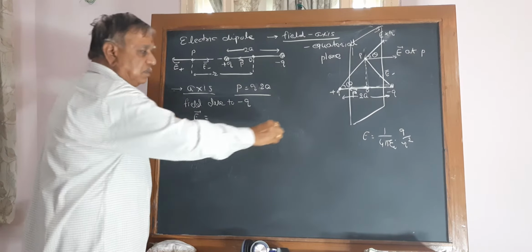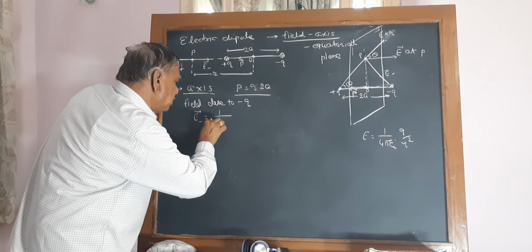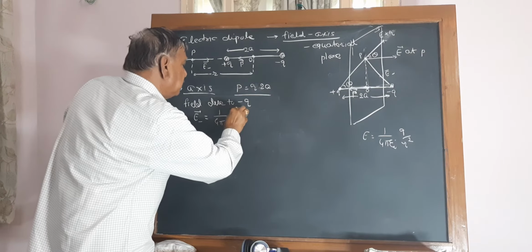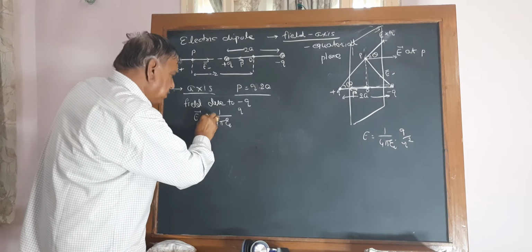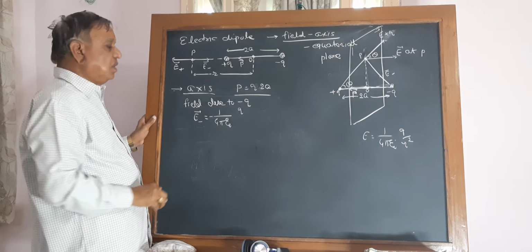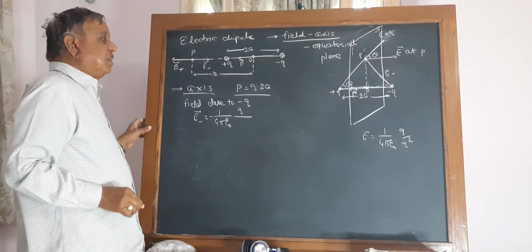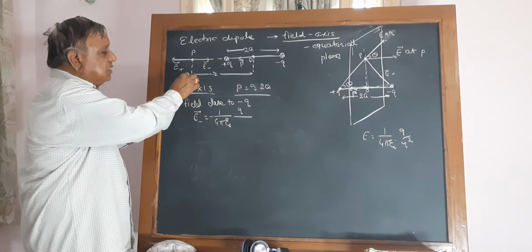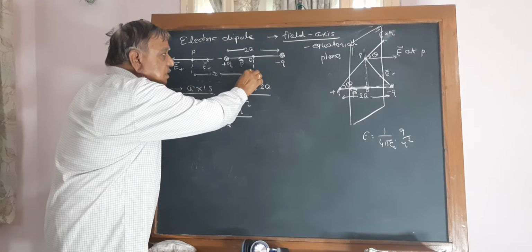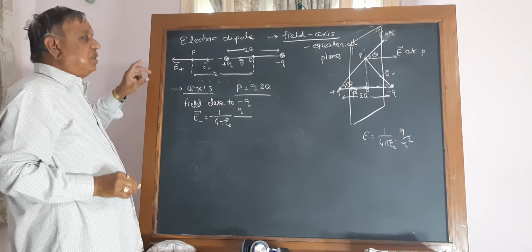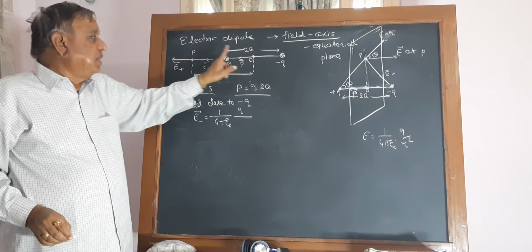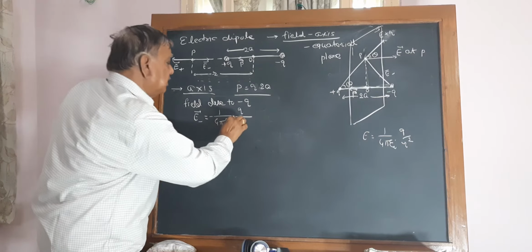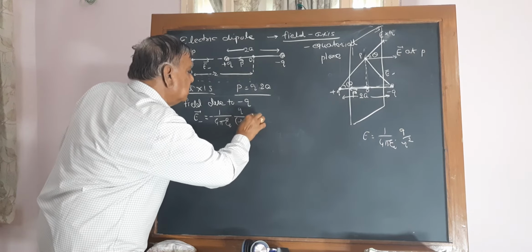It is 1 upon 4 pi epsilon 0 q upon the distance of that point from the charge. This distance is r and this is a, so the total distance between minus q and P is r plus a, so r plus a whole square.